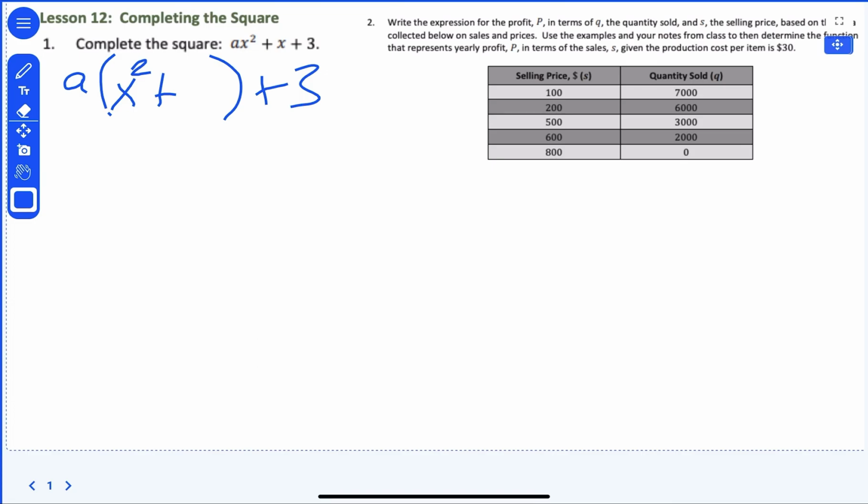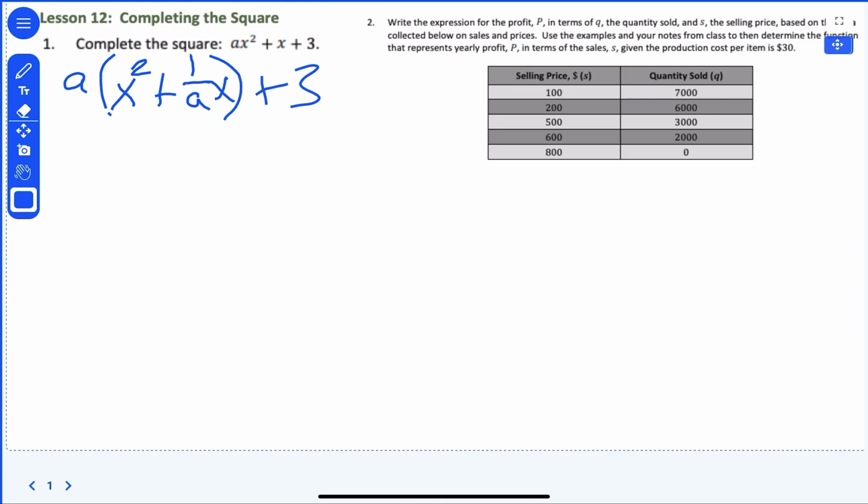Okay, x over a will work. You're correct. That's exactly what it is. But to make it easier, let's call it 1 over a times x. If we multiply a times 1 over a, that is 1, right? So let's call it 1 over a x. Okay?